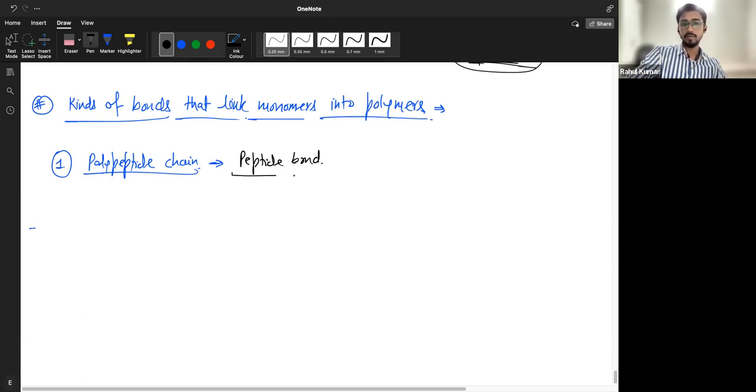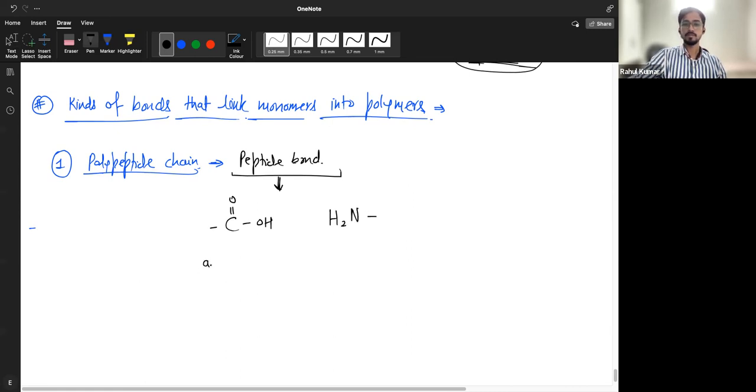But what is a peptide bond? Where is it formed? So write down. A peptide bond is formed when the carboxyl group of one amino acid, so carboxyl group is C double bond O OH, this is the carboxyl group of one amino acid, reacts with the amino group, which is this group, right?